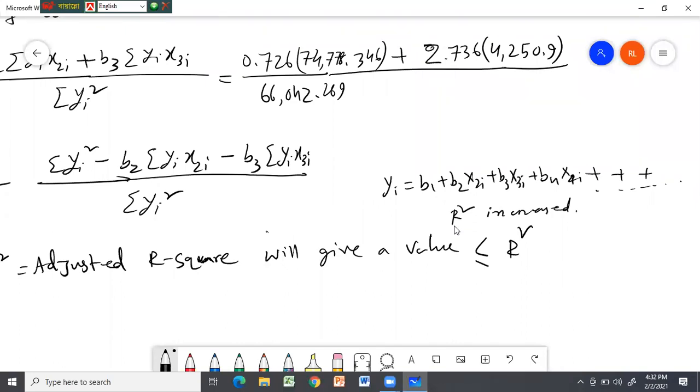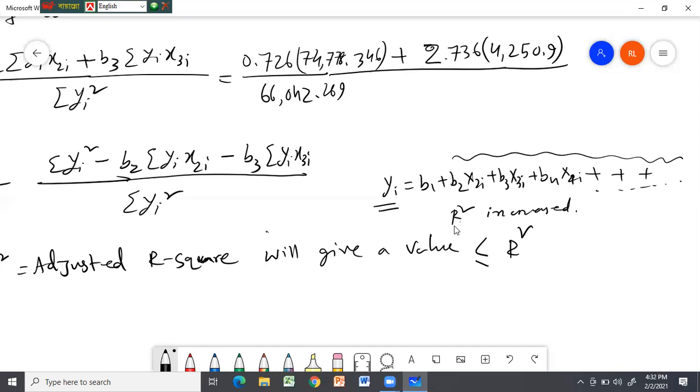It shows that these are the explanatory variables for which the variation in your dependent variable yi is followed. And that's why your R square value has increased.